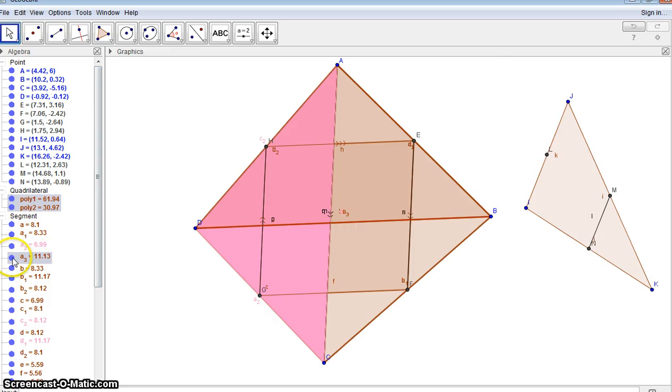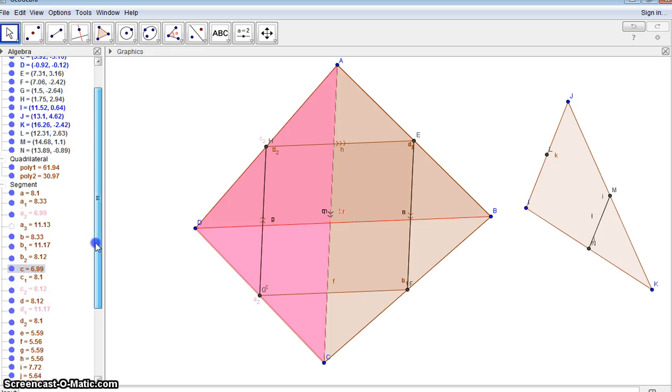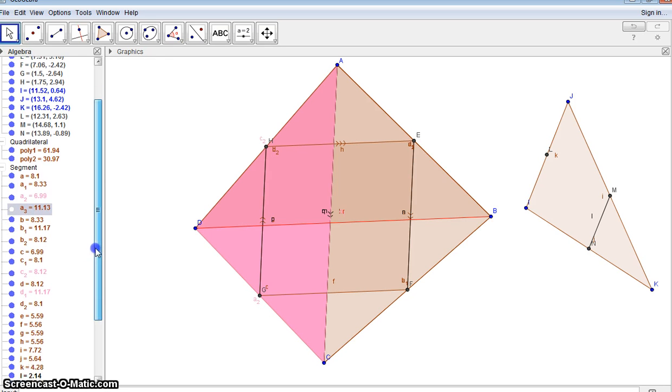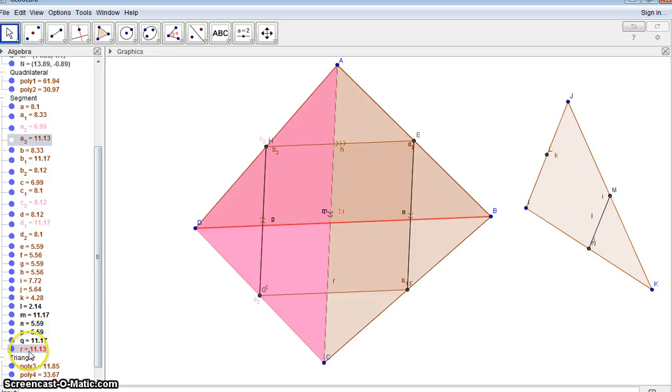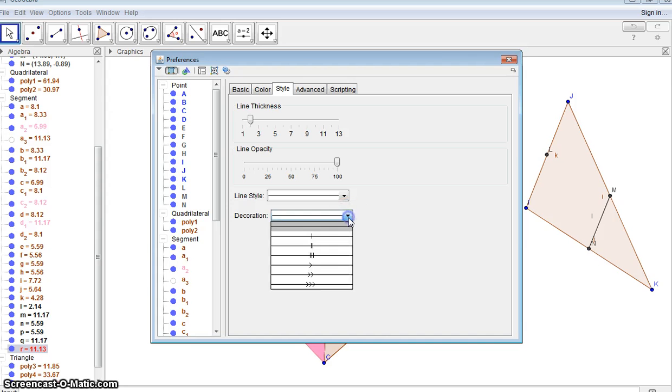So I'm looking for something with 11.13. I need a copy of you. Here's R, it's red, that makes sense. Object properties, decoration tool, I need the triple.